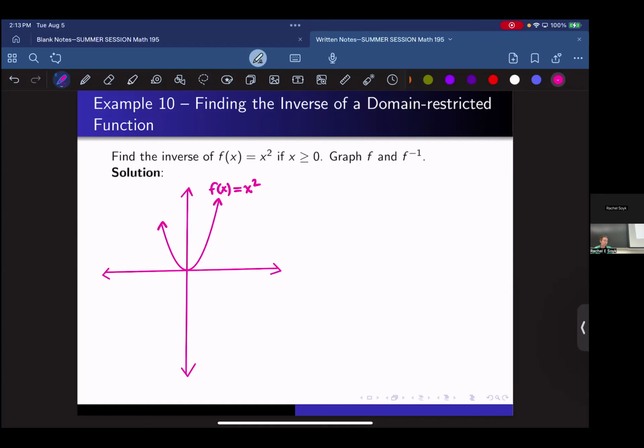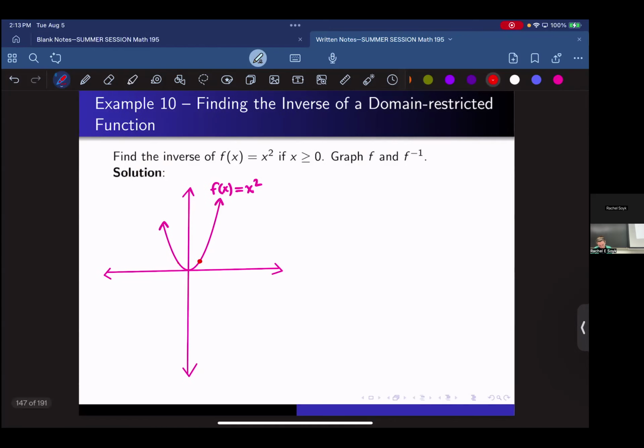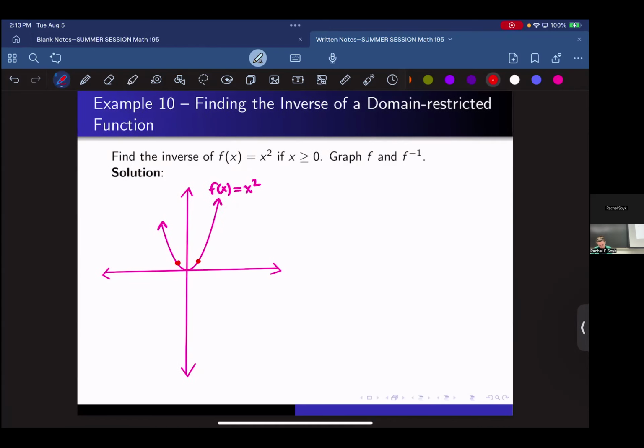And then we want to graph its inverse. Again, when you graph the inverse, this is (1, 1). We're reflecting it across that line, y is equal to x.